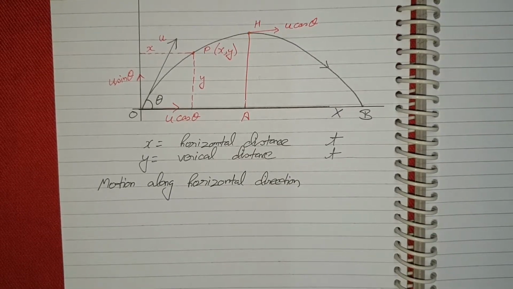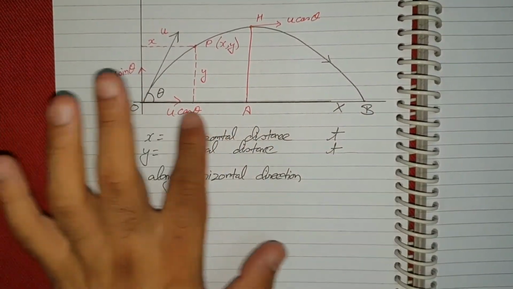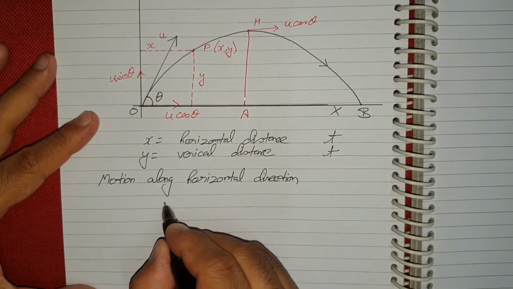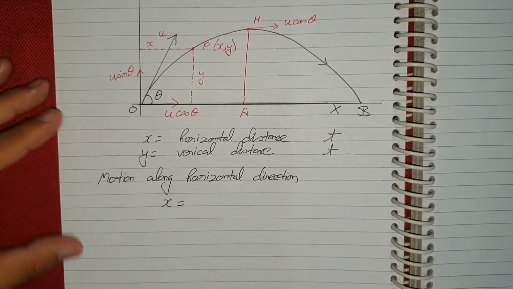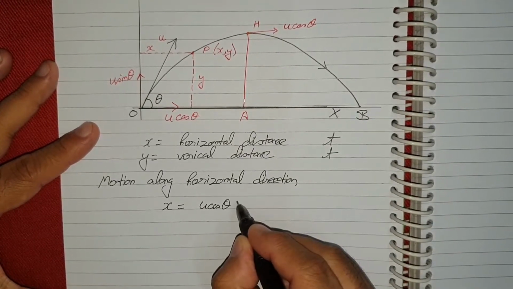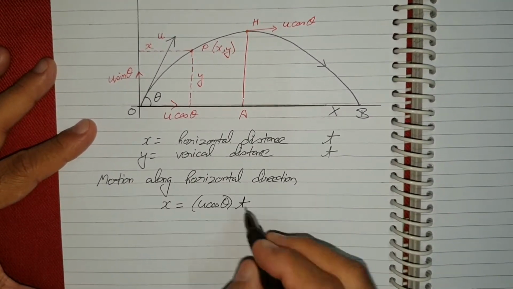The horizontal distance x is speed into time. What is the speed? It is u cos theta into t. That is the horizontal distance.